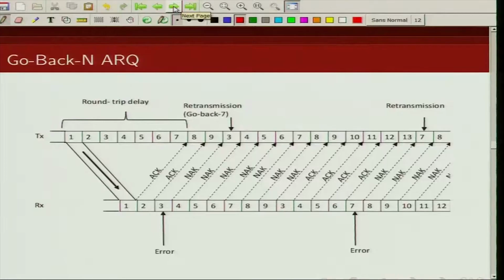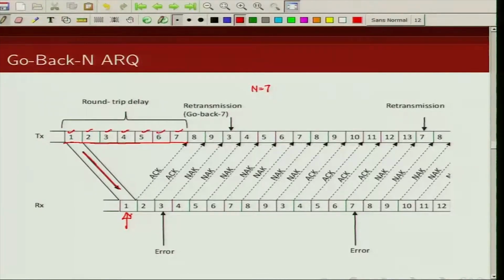Now I am illustrating the go back n protocol using this diagram. In this case I am taking n to be 7. So you can see here I am sending these frames of 7 bits: 1, 2, 3, 4, 5, 6, 7. Frame number 1, after some delay, is received at this time instance.